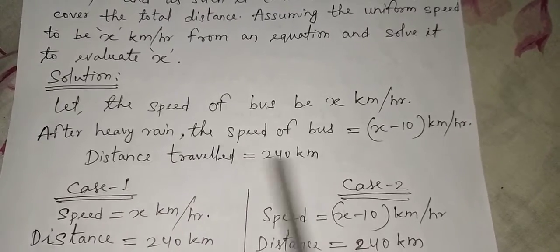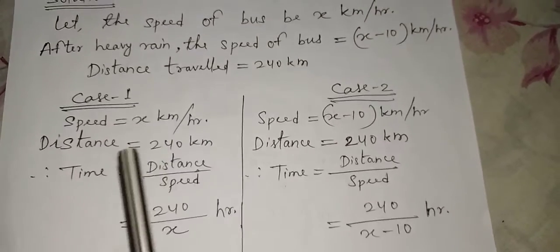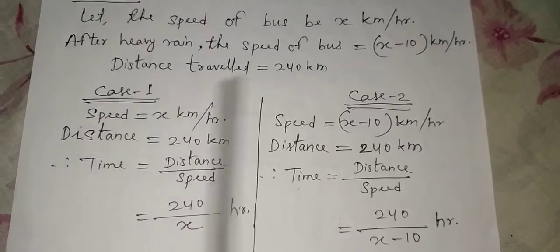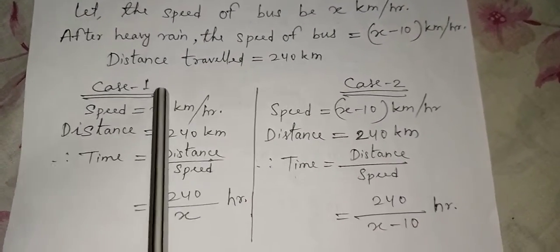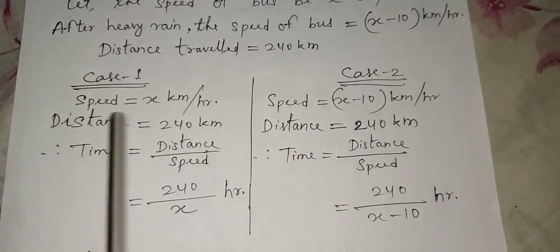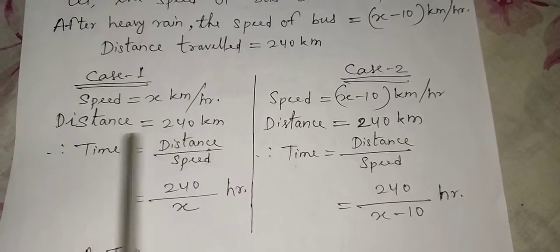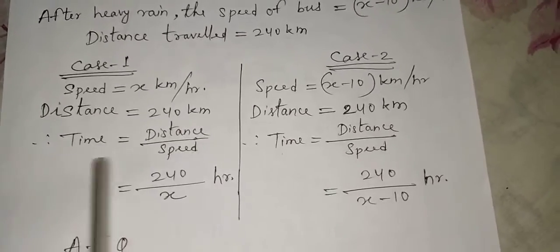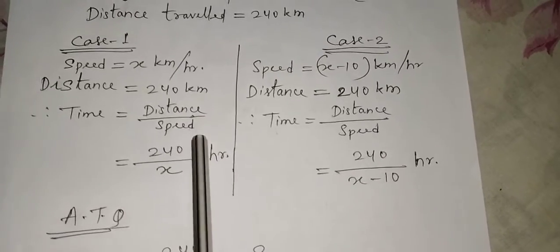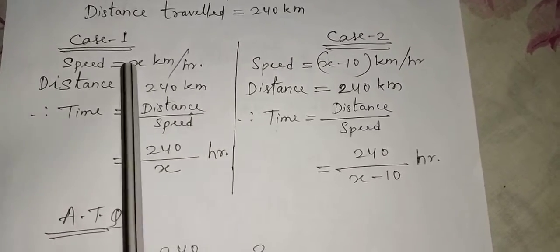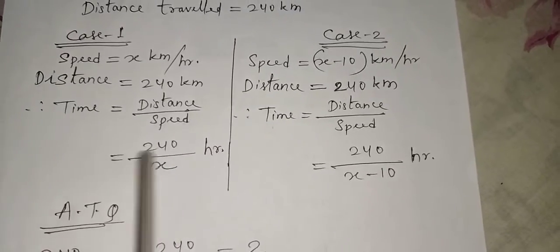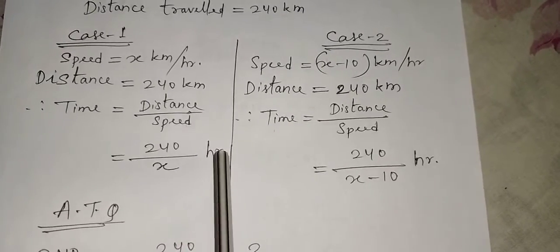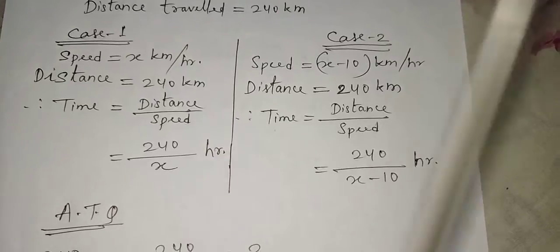And distance traveled is 240 km. So in case 1, I am taking the speed as x km per hour. That means in case 1, it was not raining, so that's the actual speed. Distance covered is 240 km. The time formula is distance by speed. So the distance value is 240 and speed is x, so 240 by x hours, because time is given in hours.